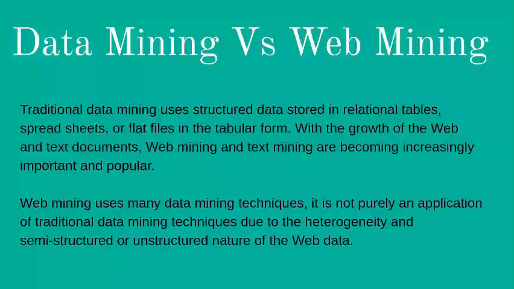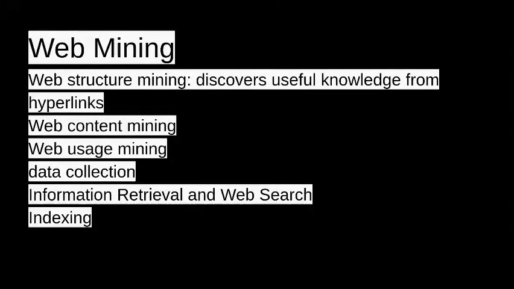In web mining, we use many data mining techniques, and apart from that we have a few other techniques that help us understand semi-structured and unstructured data as well. Web mining discovers useful knowledge from hyperlinks, and there are three important classifications in web mining: web content mining, web usage mining, and web structure mining.